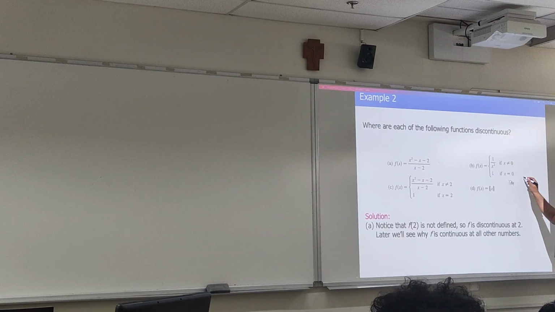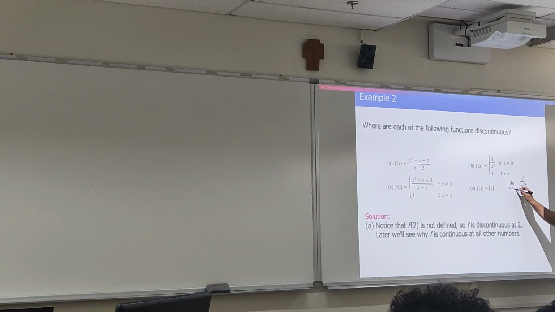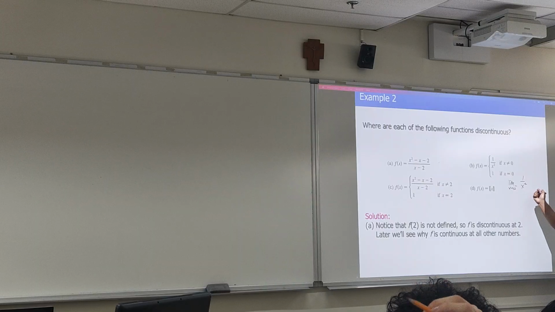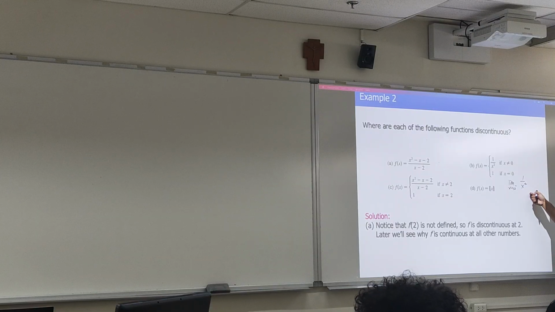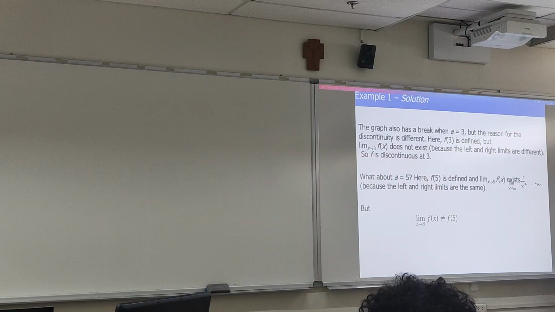The limit of 1 over x squared as x approaches 0 from the left. Take note, from the left hand side, x squared is even and this is positive.